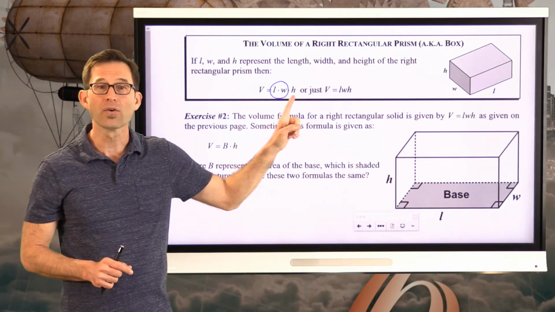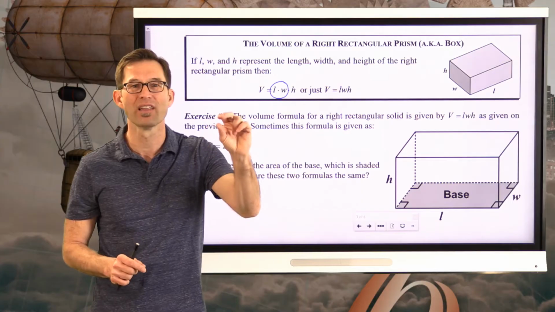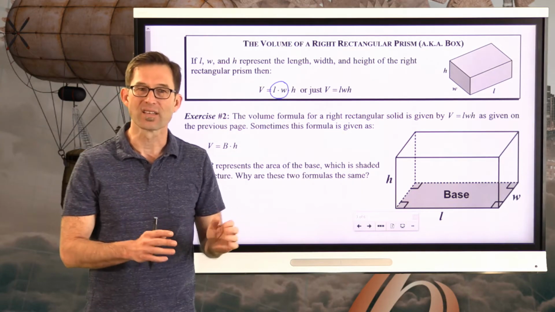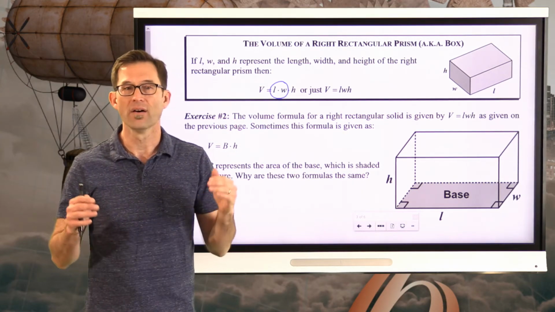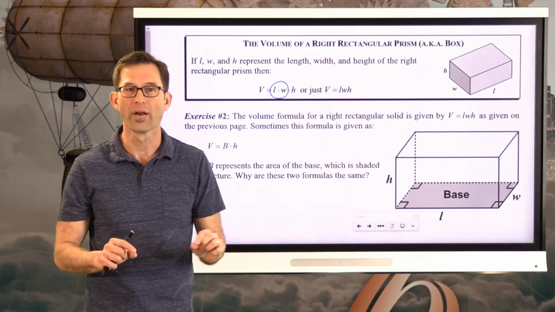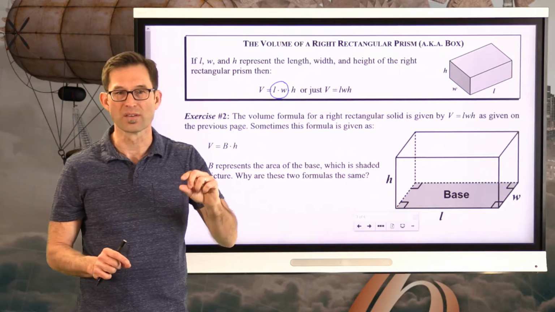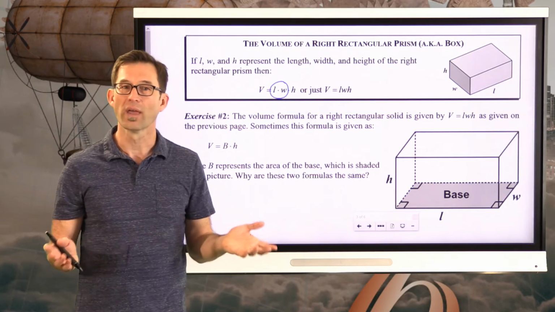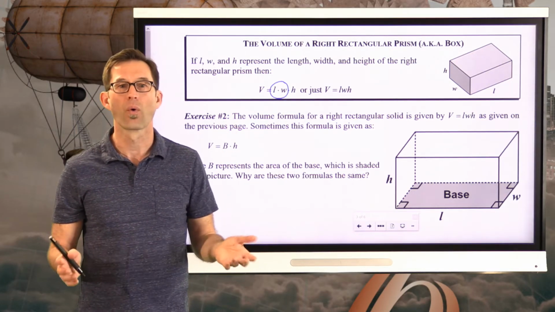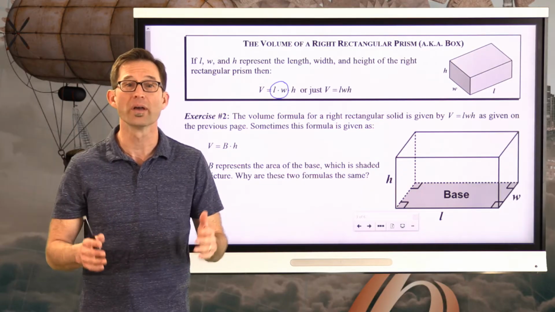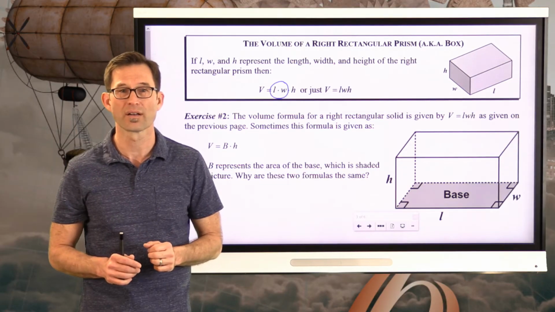The height literally told us how many of those layers we had. So we had 40 cubes on the bottom layer, 5 times 8. Then we had 6 layers of those cubes because it was 6 centimeters high, so we had 6 times 40, or 240 cubic centimeters that fit into the box.